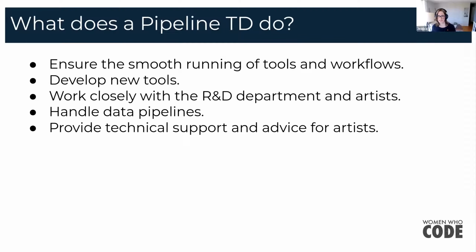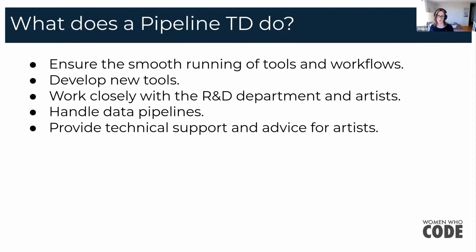So what does a pipeline TD do? A pipeline TD's first role is to ensure that the pipeline, meaning the tools and the data pipeline that artists use, runs smoothly without any issue. A pipeline TD might be developing new tools as well as workflows.